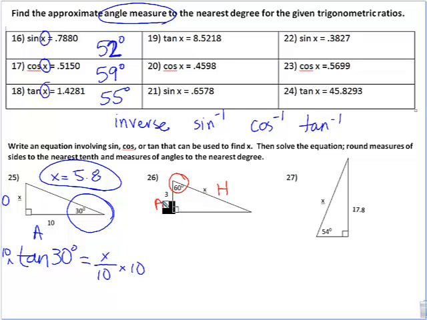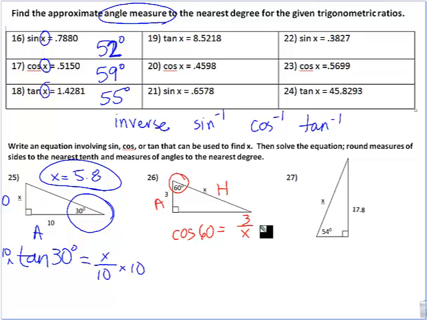Okay, so now I need to set my equation up. I have hypotenuse and I have adjacent. So which of the three trig functions? Cosine. Okay, so cosine of, what's the angle measure? Of 60 is equal to 3 over x. And then how would we solve this for x?